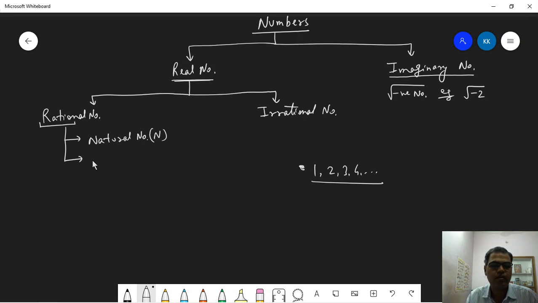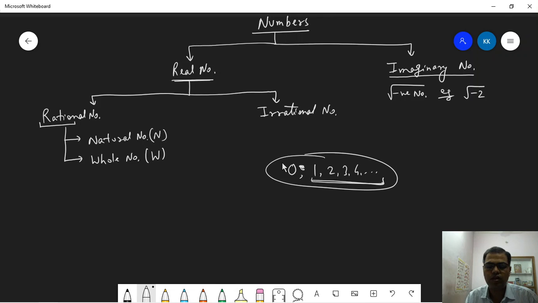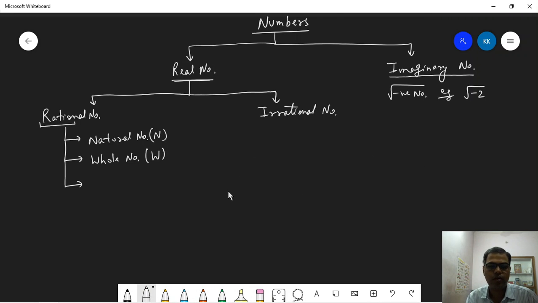They can be classified as whole numbers. The symbol for this is capital W. Along with the natural numbers, if we add a 0 also, then this set of numbers is called the whole numbers. Another is integers.